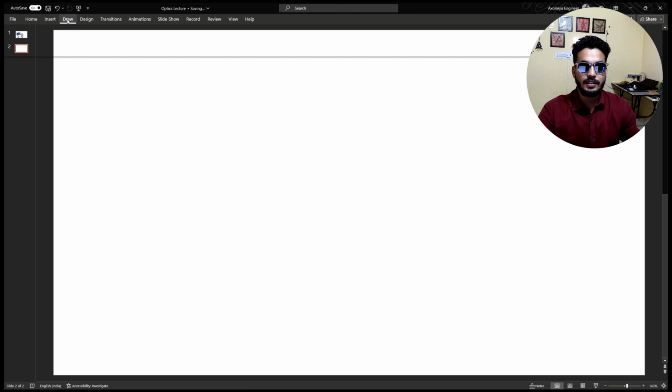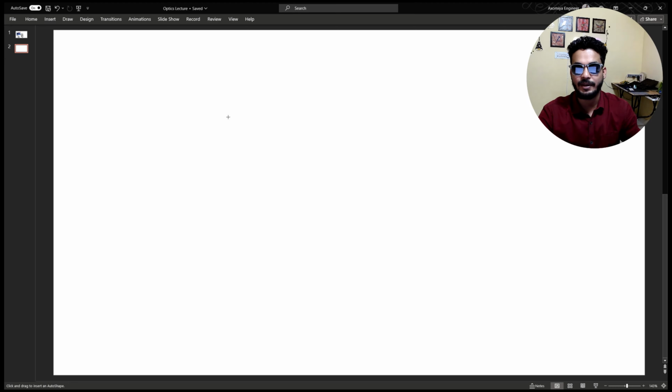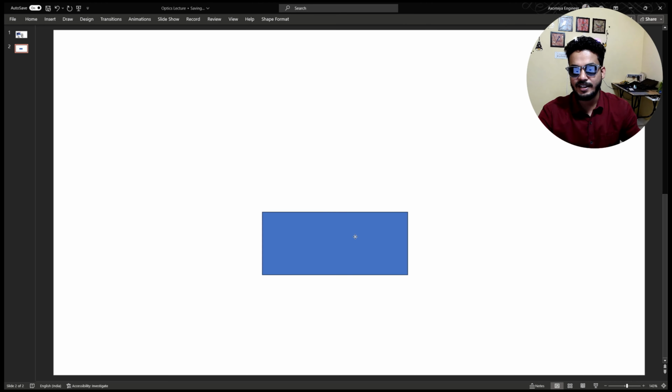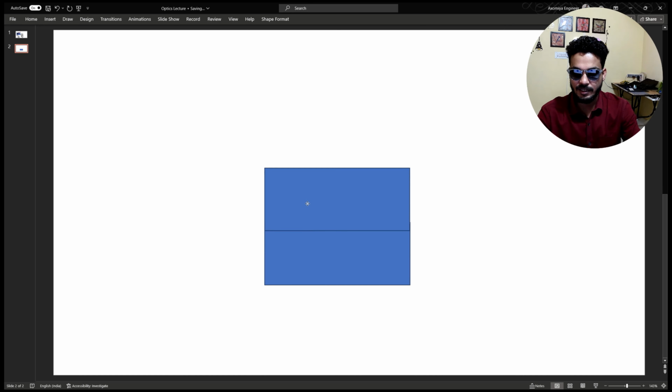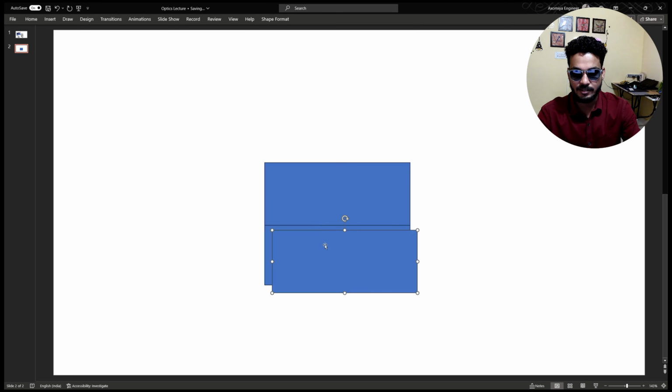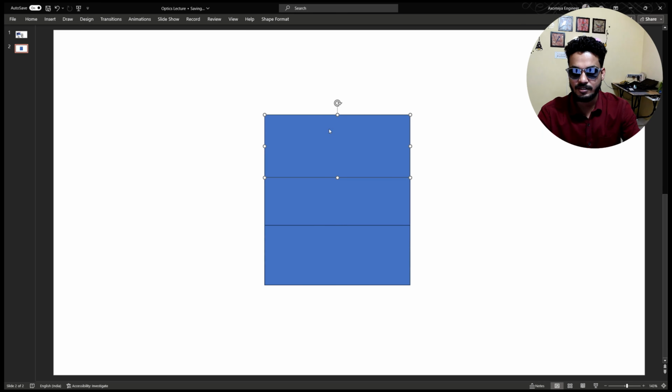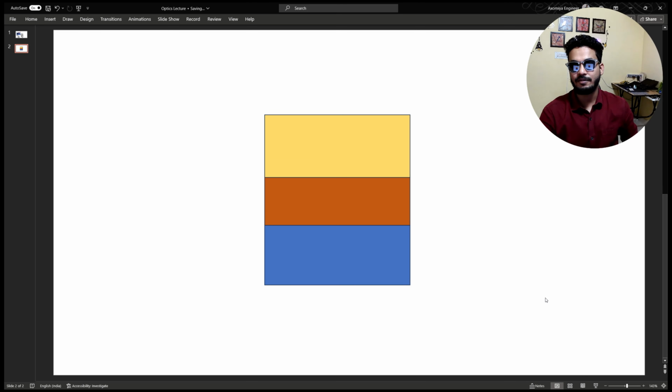Now the portion in which people are facing a difficulty is not the apparent depth itself, but a scenario when you have multiple different slabs, something like one slab on top of another slab on top of another slab. Let me also change the colors right here. So you have like 3 slabs.